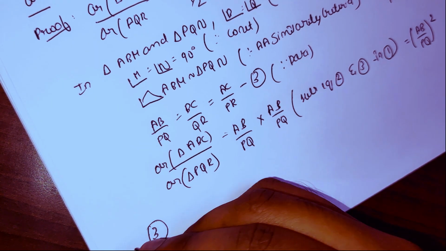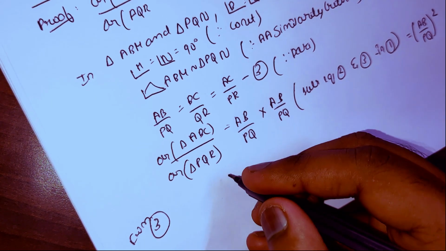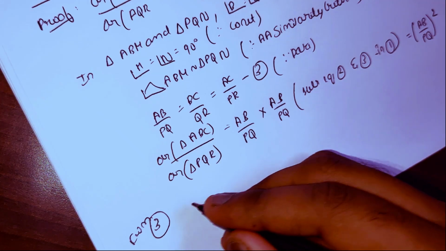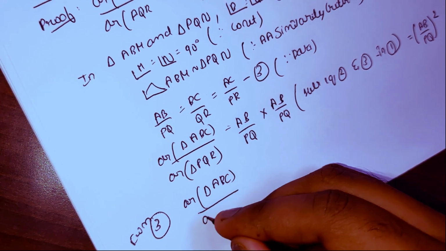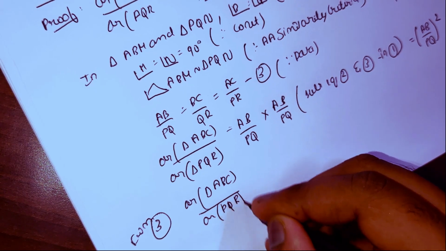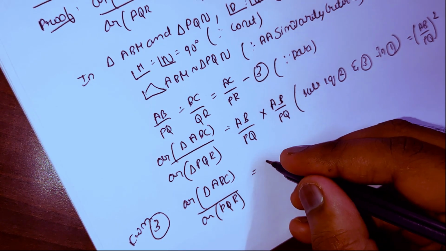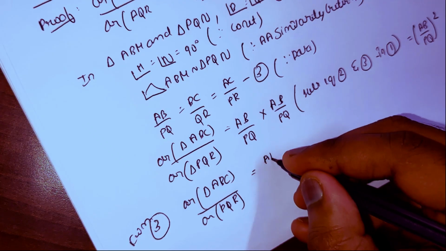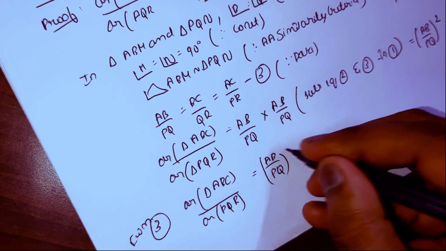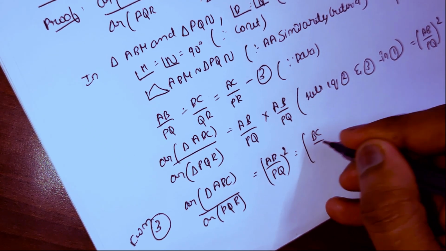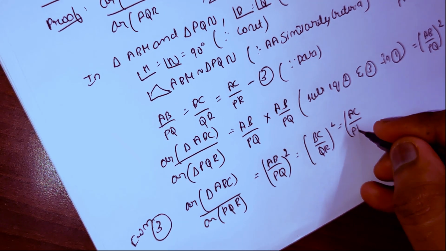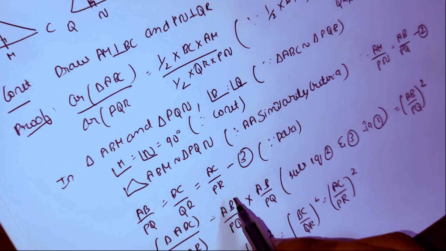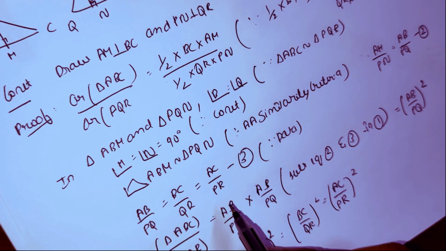Now from 3, we can write area of triangle ABC by area of triangle PQR is equal to AB by PQ whole square is equal to BC by QR whole square is equal to AC by PR whole square. This is by the third equation.